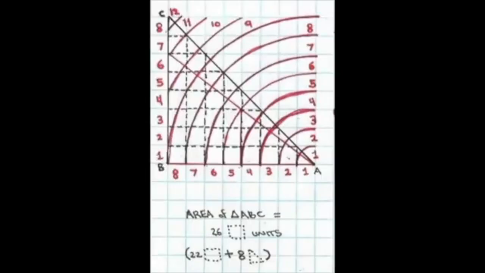Just so, for the 8 by 8 equilateral 45-degree triangle, the total area is made of 26 such unit squares.